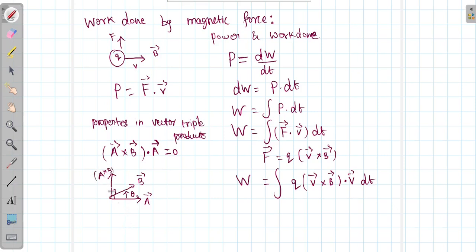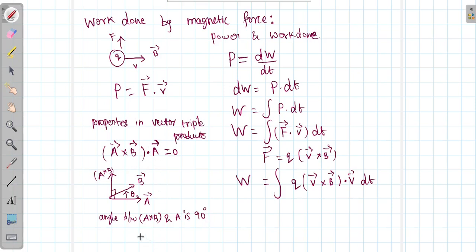Now the angle between A cross B and A is 90 degrees.